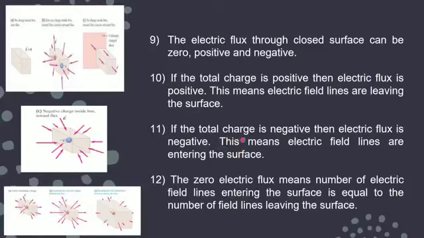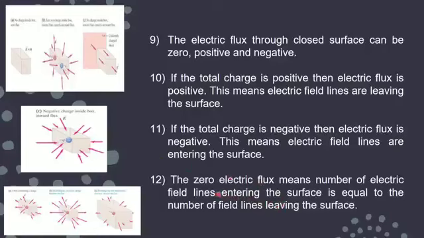If the total charge is negative, then the field direction will be accordingly changed and field lines are entering into the surface. When they are entering into the surface, this is inward flux. Positive charge, outward flux. Negative charge, inward flux, negative sign, it means theta is lying between 90 and 180.